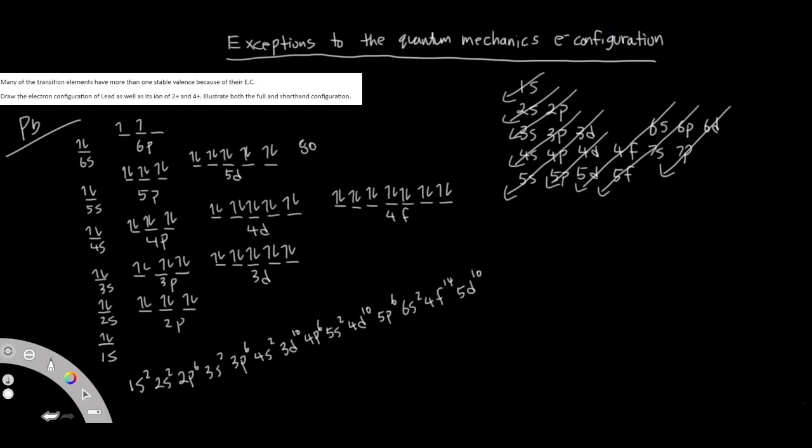Sorry, hold on. Give me a second here. After the 5p6, we got the 6s2, 4f14, then the 5d10. Okay, then we got to go to the 6p's.